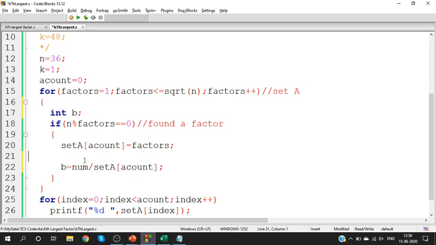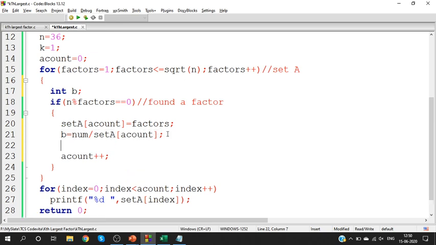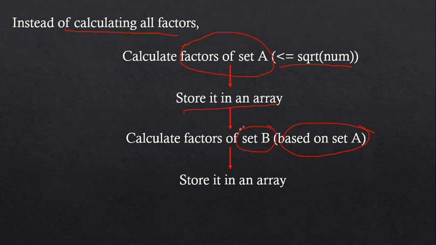Okay, so after this you can increment it. Look at it, B is nothing but number divided by set A's value. Okay, so when you calculate it, you need to store it in an array. Calculate the factors, store it in an array. Okay, after finding all the factors only I can tell the answer, right? So find the factor, store it in an array.